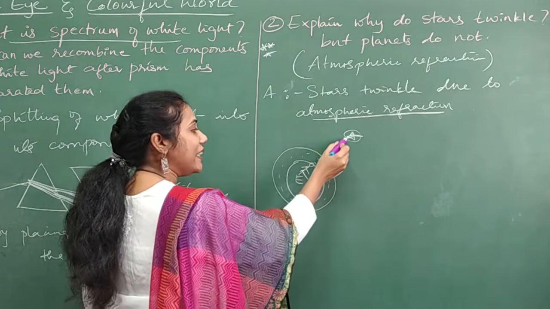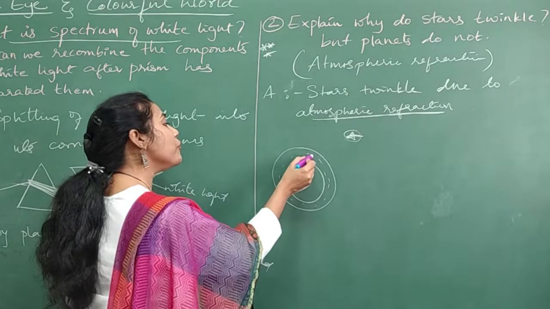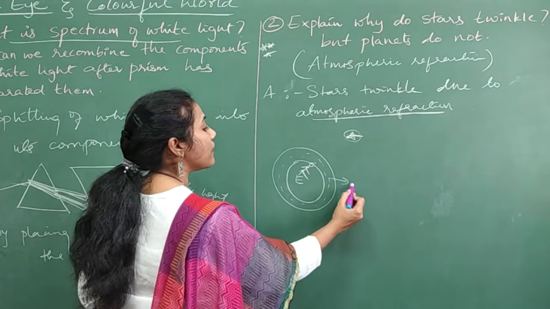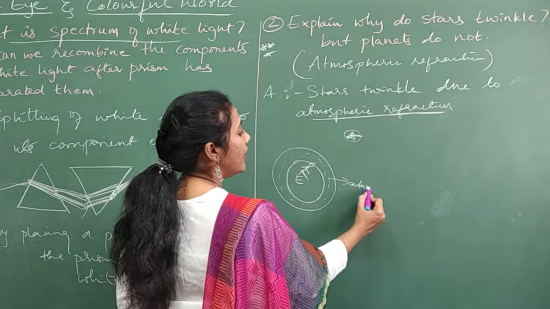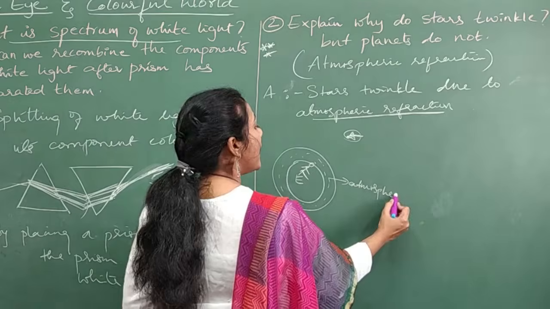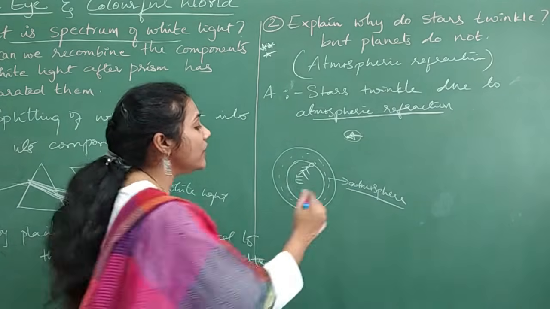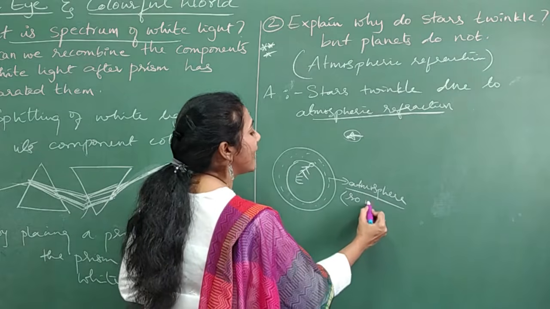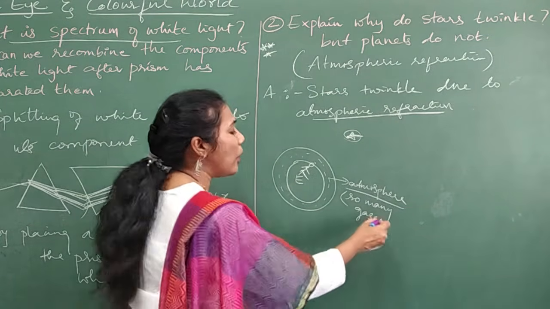So starlight has to reach this person, and it should go through the so-called atmosphere. So between you and star, there is something called atmosphere, isn't it? And what does the atmosphere contain here? Atmosphere contains so many gases. It contains not only gases, so many components it has.